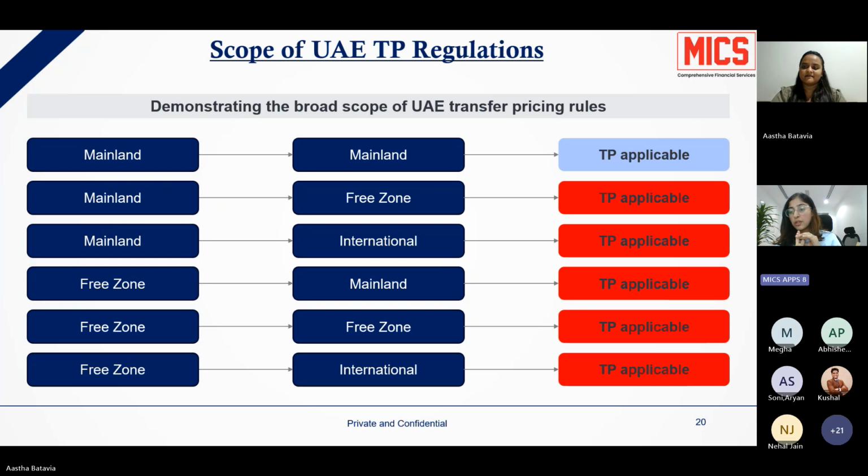Second is you satisfy the condition of de minimis, that is the revenue from your non-qualifying activities. I would not go into the conditions in detail because this is a TP session, but just for the benefit of the audience, the de minimis is that your 5% or 5 million, whichever is lower, your income from non-qualifying activities should not be more than your qualifying activities. That is the second condition.